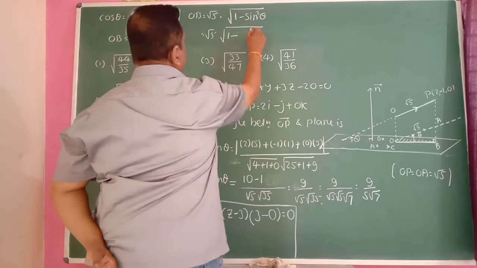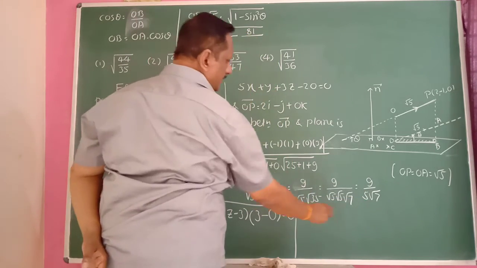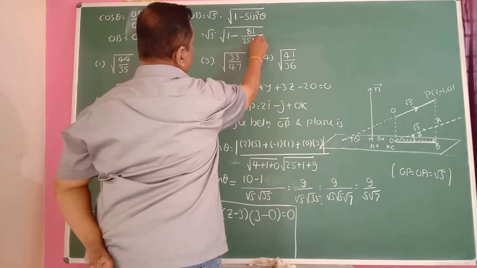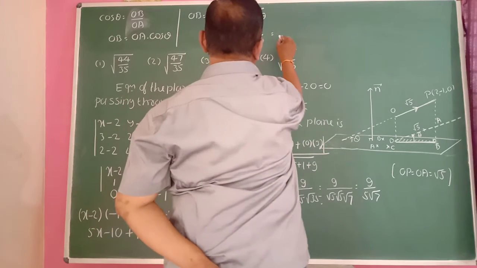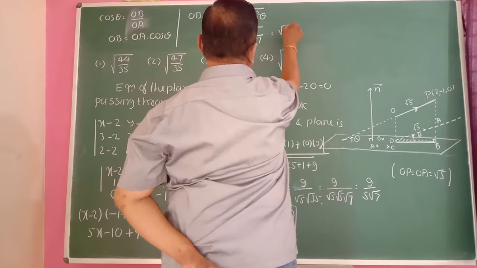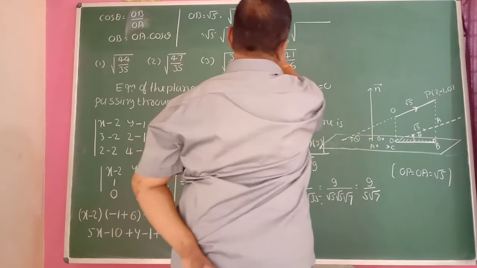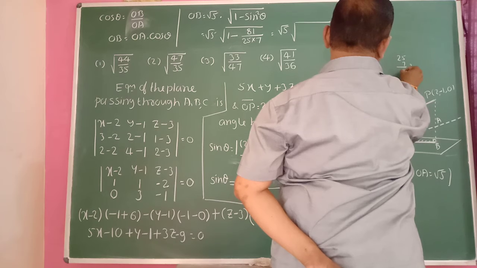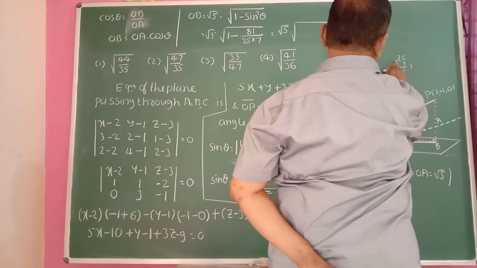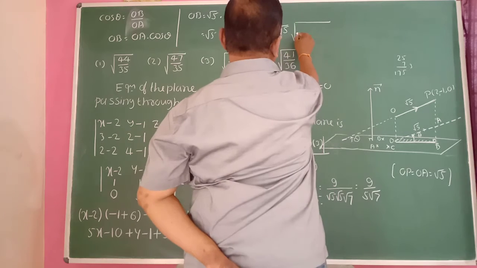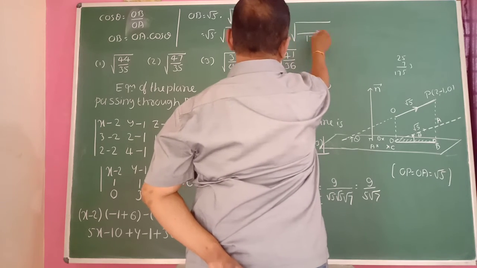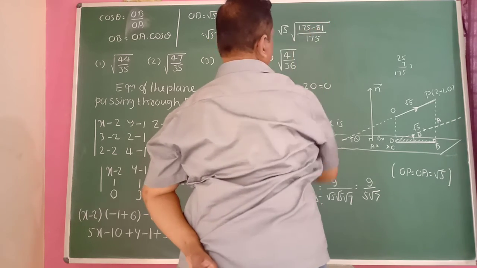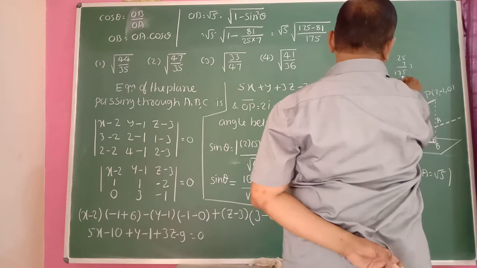It's squared here. 9 square is 81 divided by 5 square is 25, 25 into root 7 square is 7 here. Therefore, this is equal to root of 5 into root of 1 minus 81 over 25 into 7. 25 into 7 is 175. So 175 is the LCM here. 175 minus 81 here.